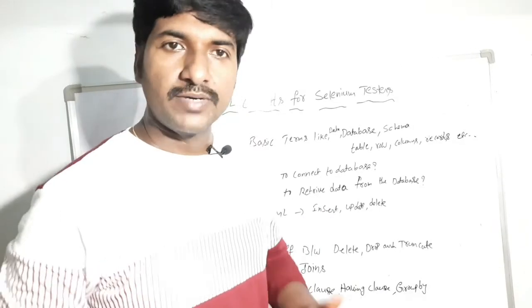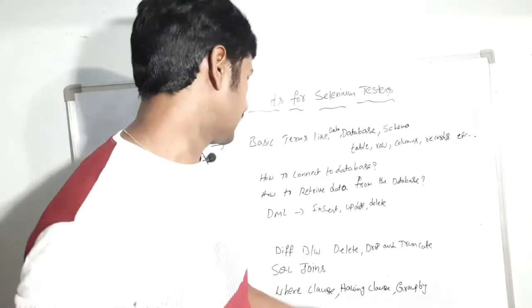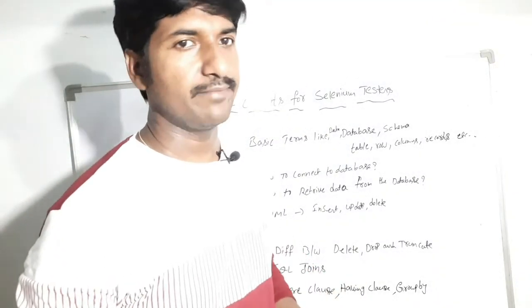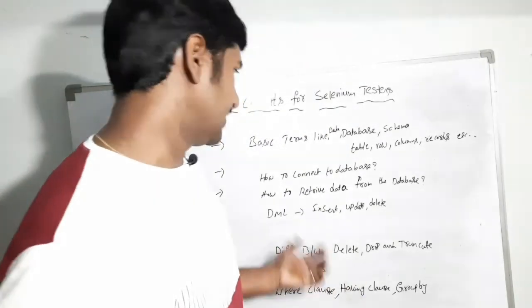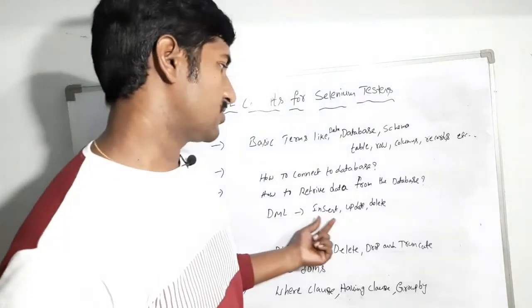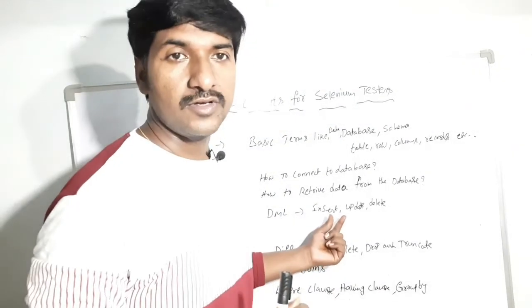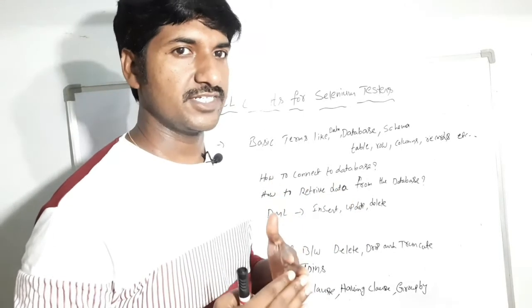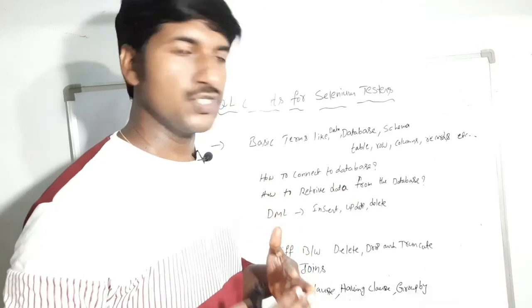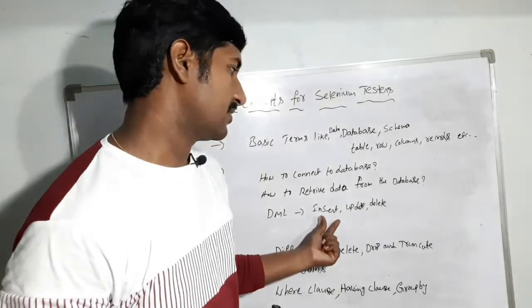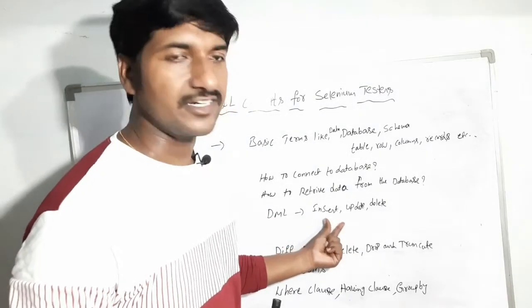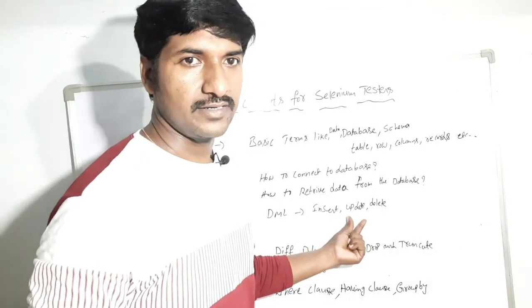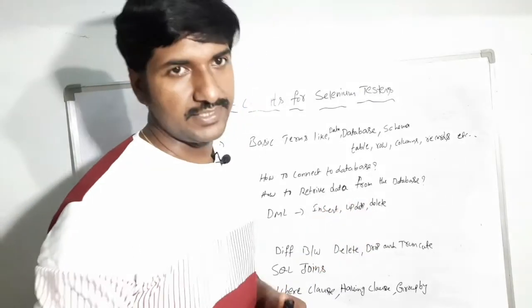You must also have experience or knowledge of DML statements, the data manipulation language commands. In daily usage, an automation test engineer usually uses these commands: insert data into the database, update the data in the database, and delete.